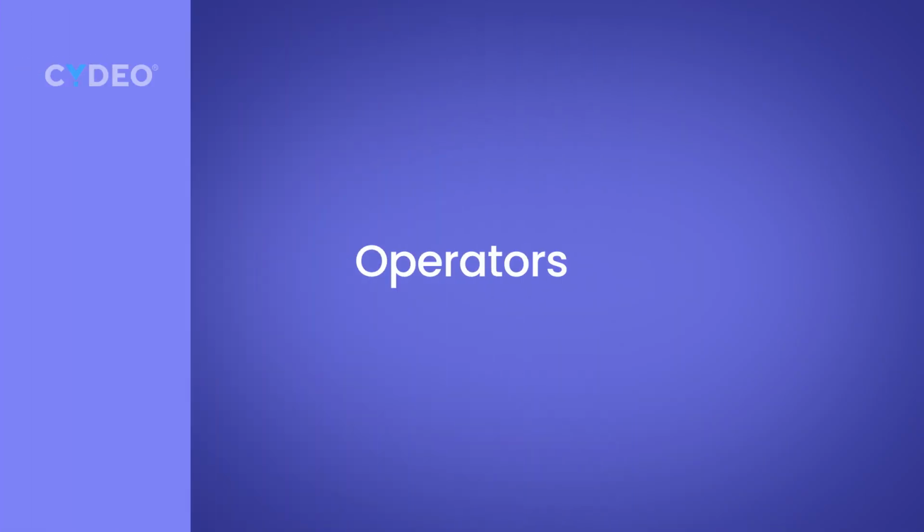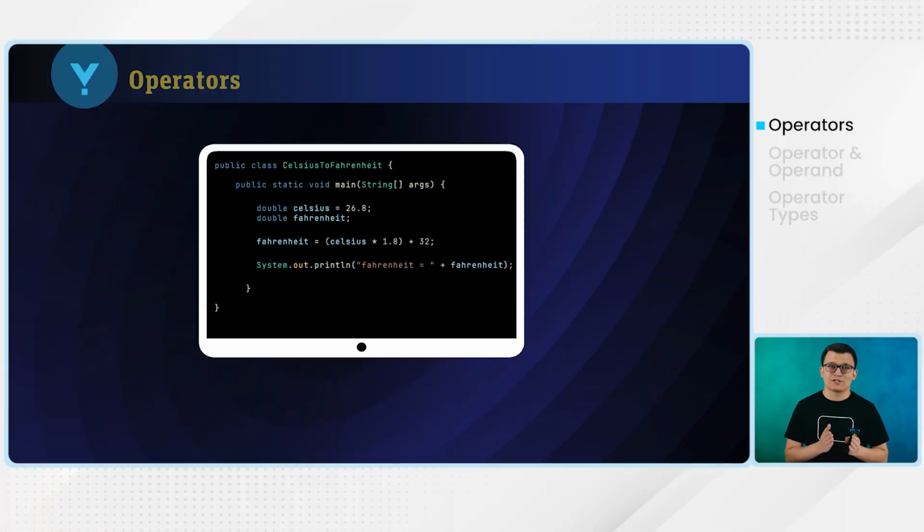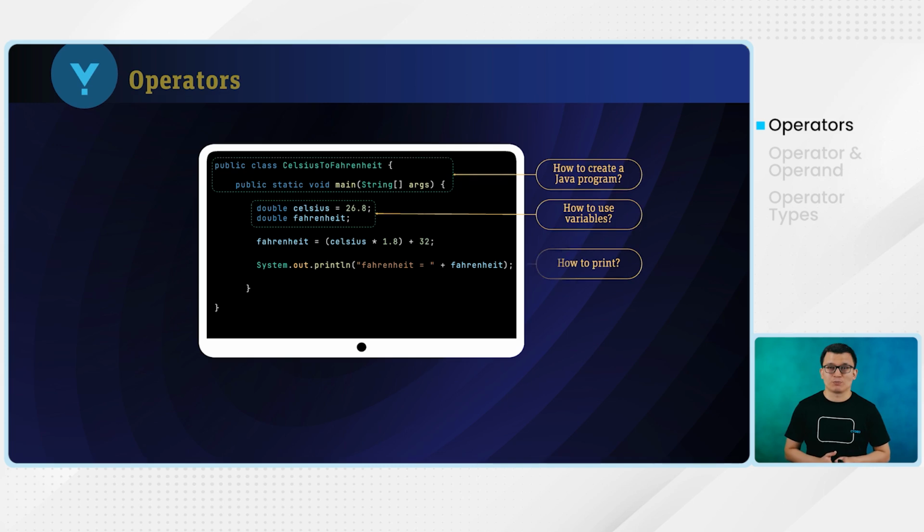So far, we have learned a lot, okay? And if we want to write a program that can convert Celsius to Fahrenheit, our current knowledge is almost enough. You already know how to create a Java program, how to create variables, how to use the variables, and how to use the print statement to print output to the console.